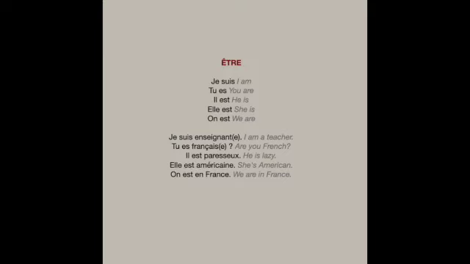We could say the sentences in the feminine form. Je suis enseignante, tu es française. So we have two forms, the masculine forms, enseignant, français, and the feminine forms, enseignante, française.